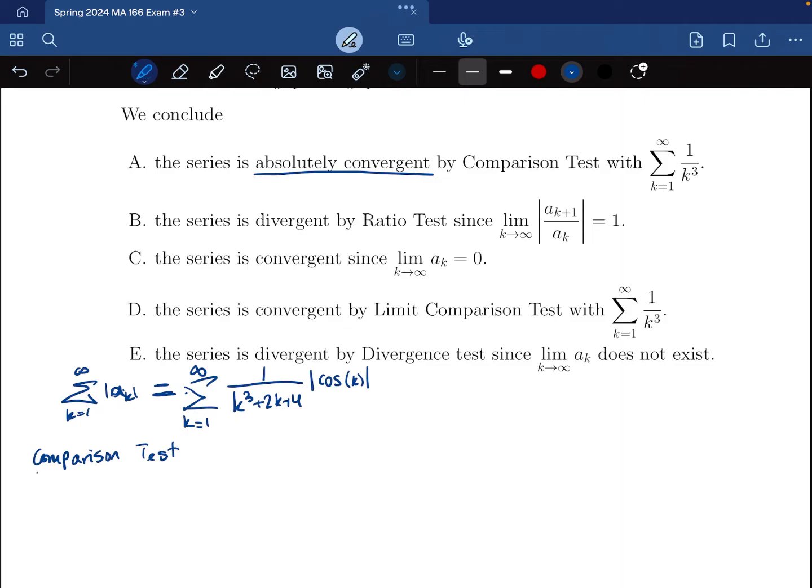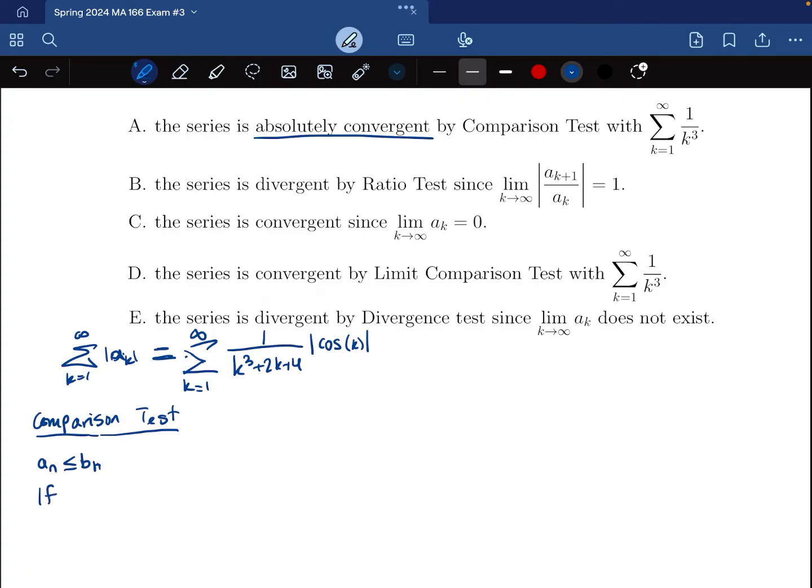The comparison test states that if we have two series, AN, which is less than BN, then if BN converges, AN converges too, and if AN diverges, BN diverges as well.